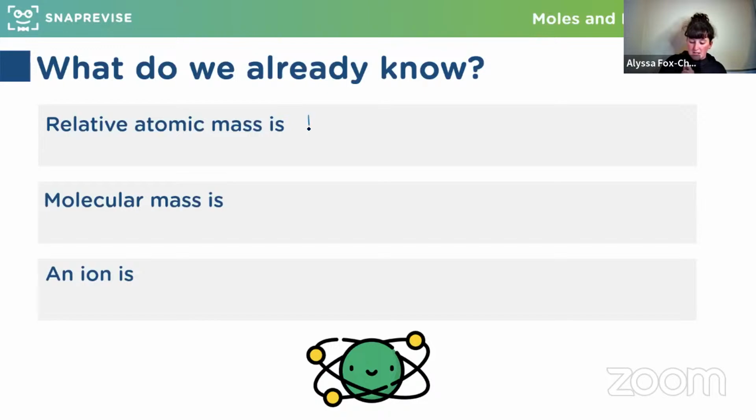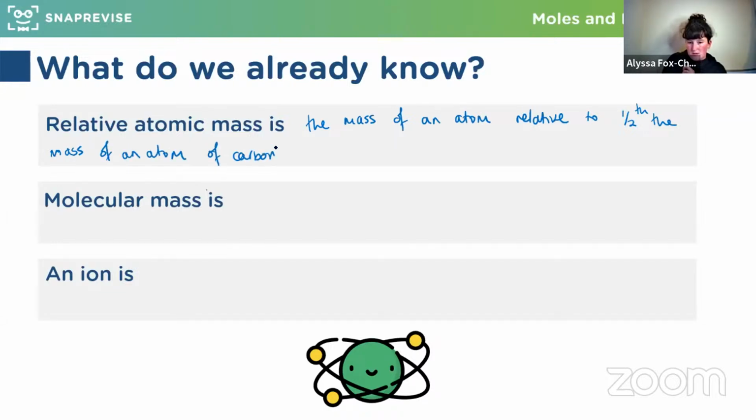Relative atomic mass is the mass of an atom relative to 1/12 the mass of an atom of carbon-12, something like that.